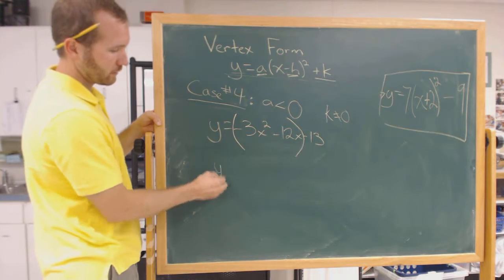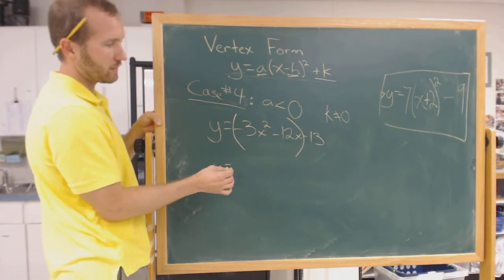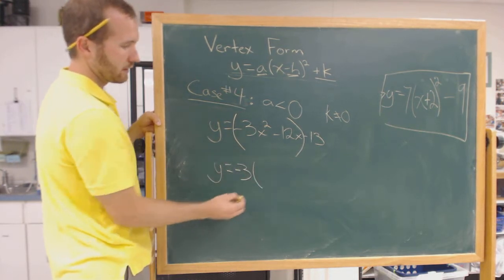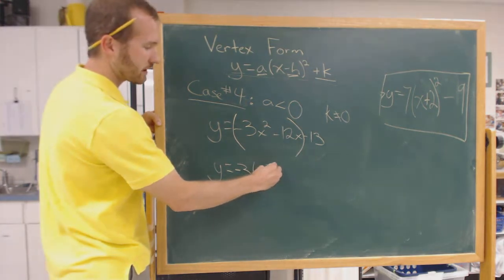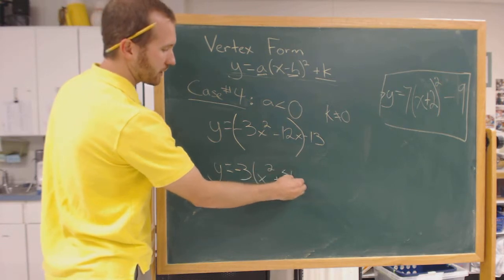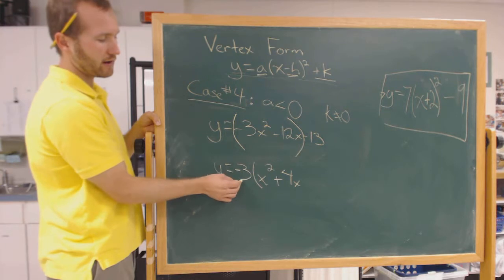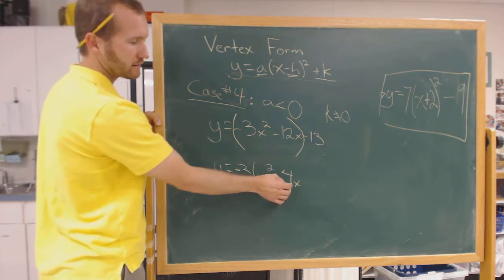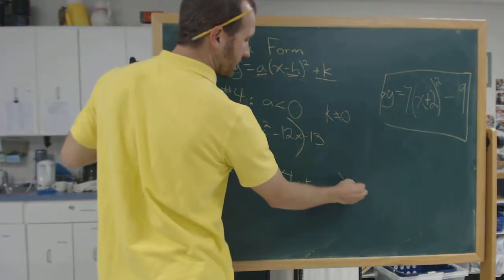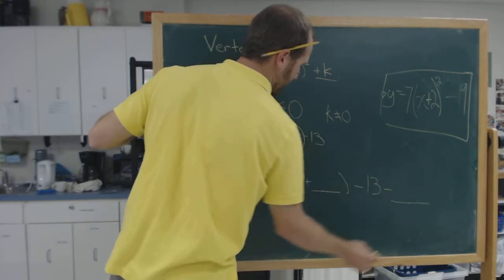Y equals, so I'm going to pull out my negative 3, because that's A. And left in my parentheses I have x squared plus 4x, because negative 12 divided by negative 3 is positive 4. And I'm going to put plus blank. Outside the parentheses on this side I have negative 13 minus blank.